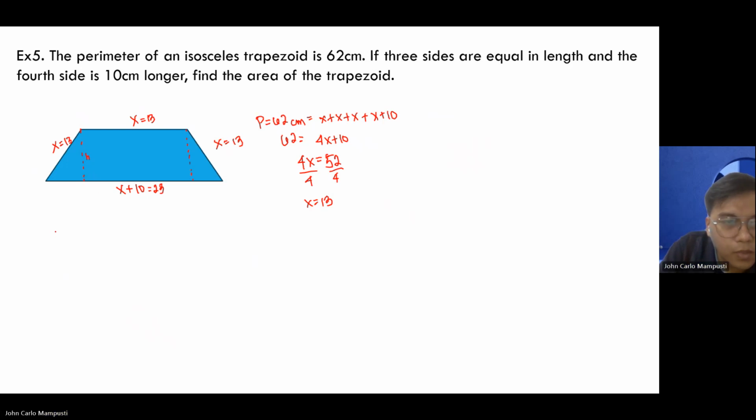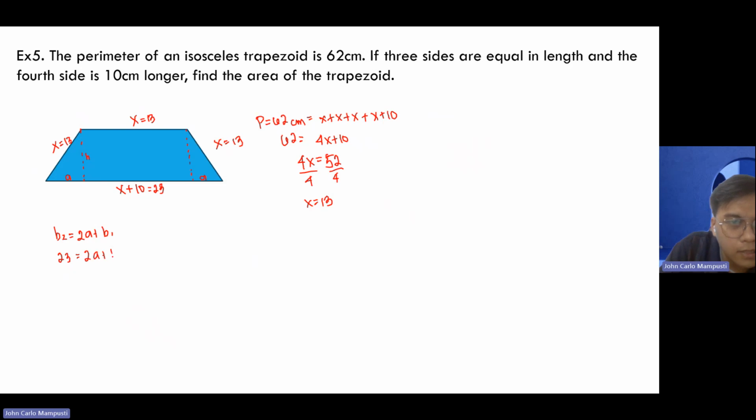Base 2, or the bottom base, is equal to, okay, let's call the side here A, since we already have x. So 2A plus base 1, which is 13, equals base 2, this is 23.